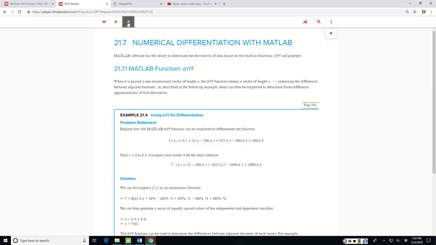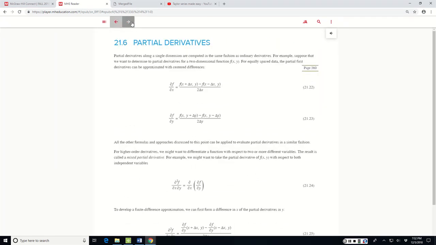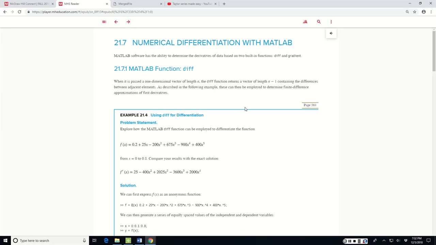And partial derivatives we're not going to cover. It's too complicated. So then the end of chapter 21 is the diff command in MATLAB. All it does is find the differences. So if you have a vector of points x1, x2, x3, x4, and let's say this is your vector x in MATLAB.